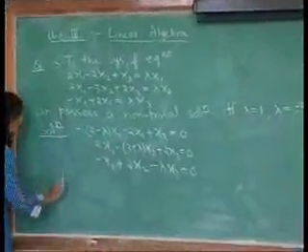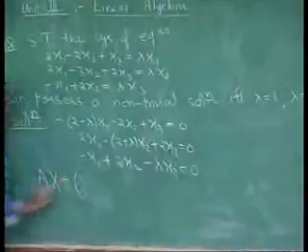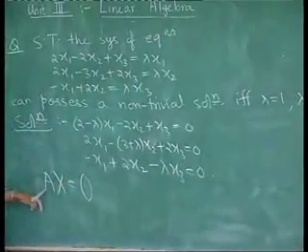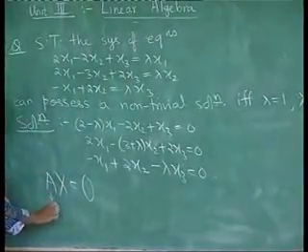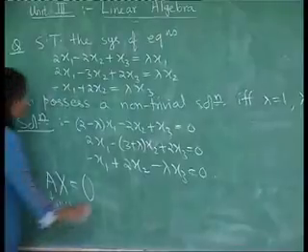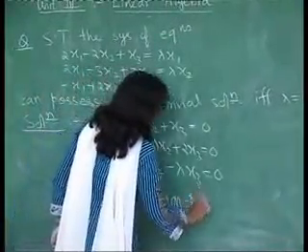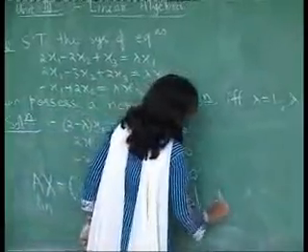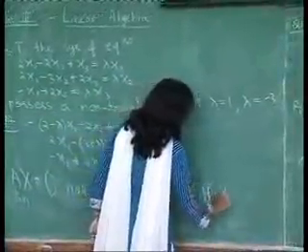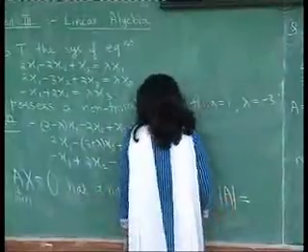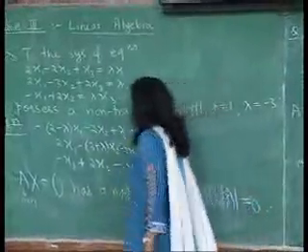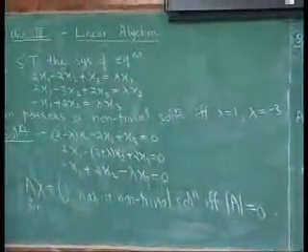And the result is, suppose I have a homogeneous system in which A is a square matrix of order n, then this system has a non-trivial solution if and only if determinant of A is equal to 0. That means the matrix is singular.